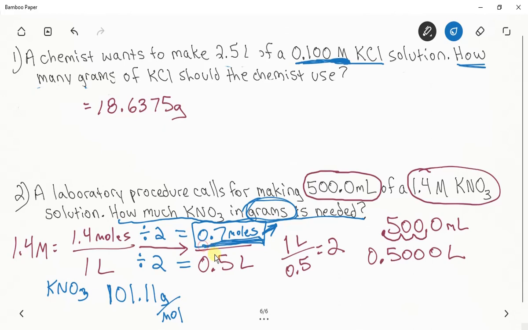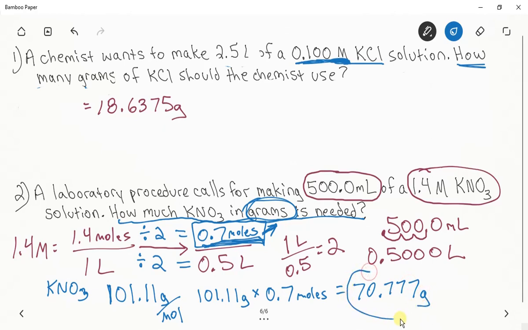So all we need to do is take this 101.11 grams per mole and multiply it by the 0.7 moles, which gives us 70.777 grams. So the answer to the question is the scientists need 70.777 grams of potassium nitrate to put into 0.5 liters of water to make the solution. And that's your answer.